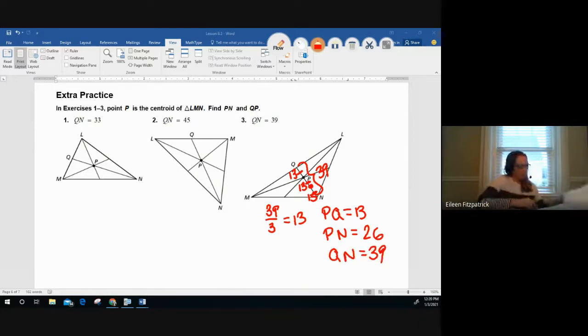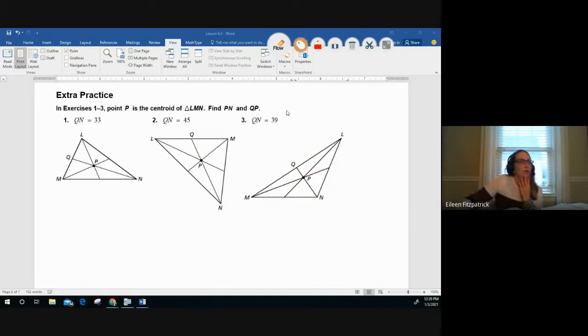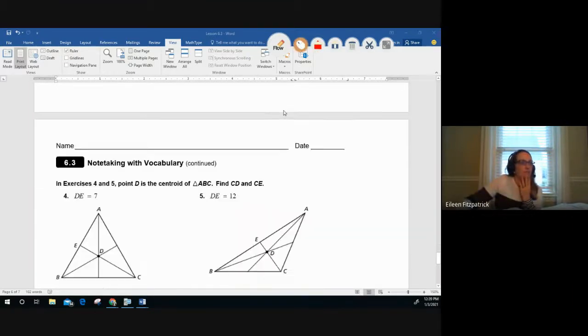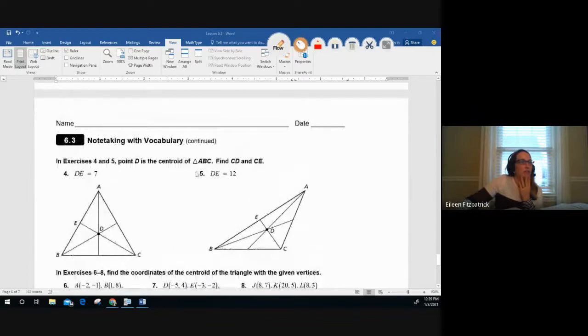Okay. I think that was all I was going to do. Maybe I'll just do the next 3, since those were all set up the same way. Still working with the centroid here, but you're not given the whole length anymore. So for 4, you're given from D to E is 7. Well, that's the 1/3 piece.